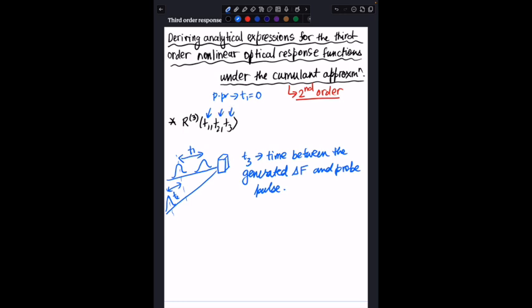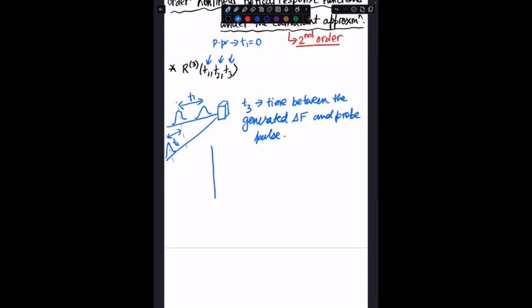And for pump probe experiments you don't have this two-dimensional resolution. In 2D experiments, your data is plotted as a function of two frequencies, an excitation frequency, call it omega 1, and a detection frequency, call it omega 3. So you get this two-dimensional correlation plot in two-dimensional spectroscopy, where omega 1 corresponds to the excitation frequency and omega 3 corresponds to the detection frequency.